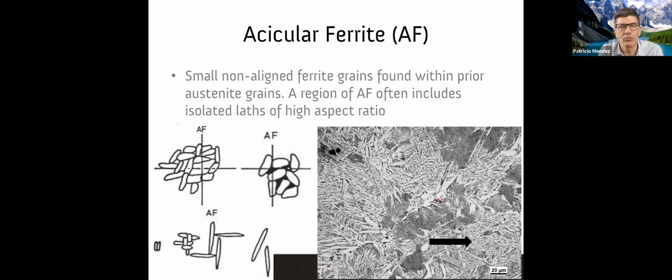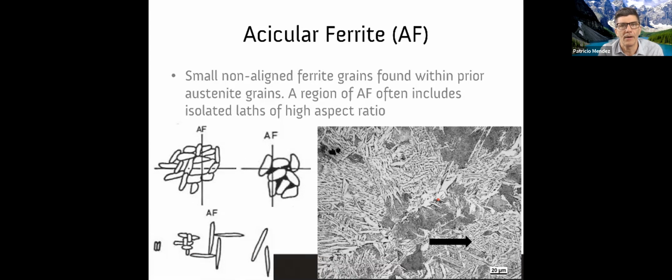Now, these two structures I discussed so far, the primary ferrite at the grain boundary or primary ferrite intragranular, they nucleate and they grow through a diffusional process. It's more or less what you would expect from the phase diagram.